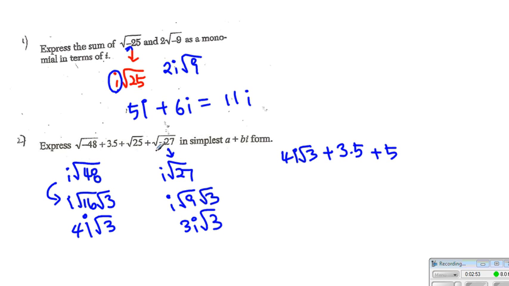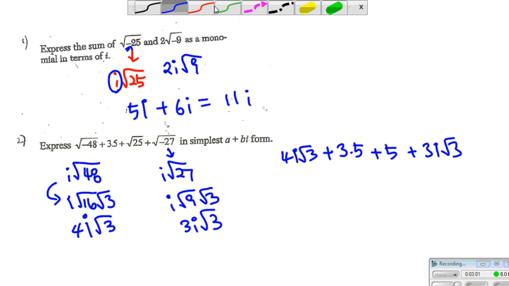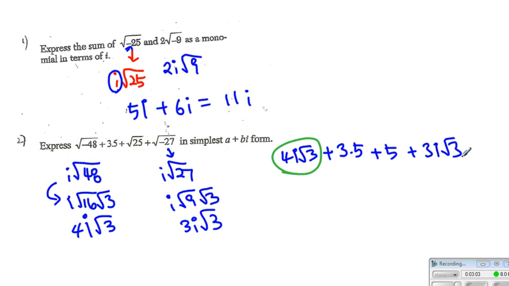And then the last number becomes 3i radical 3. Here, we can combine the two like terms, and hence we end up getting 7i radical 3, and then the first one becomes 8.5.